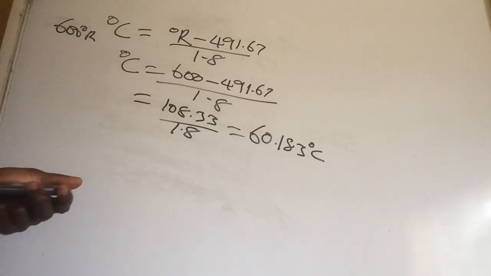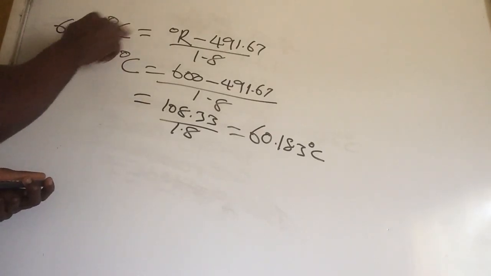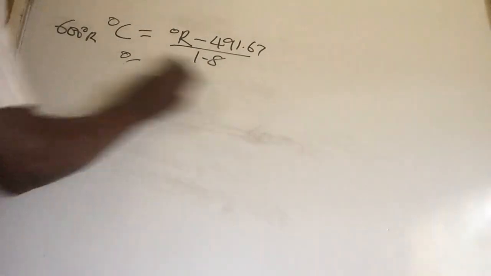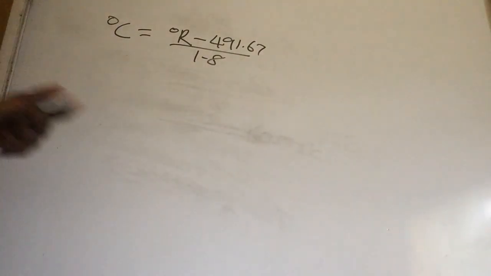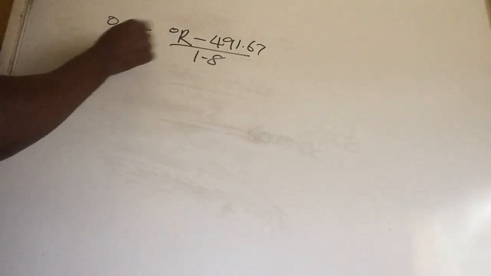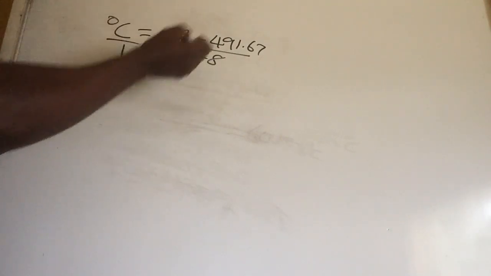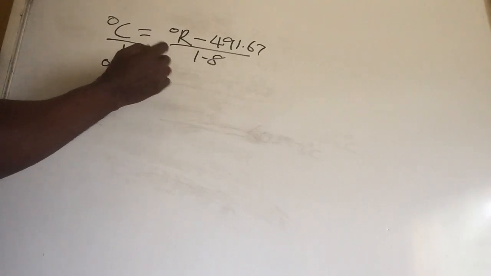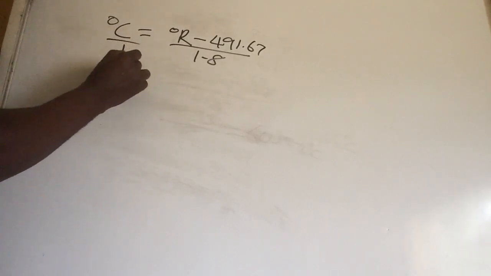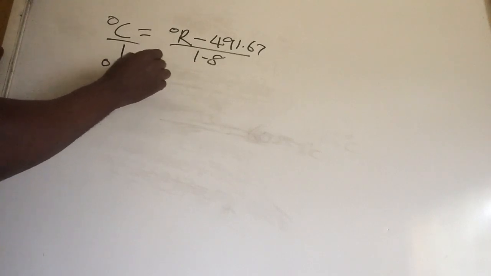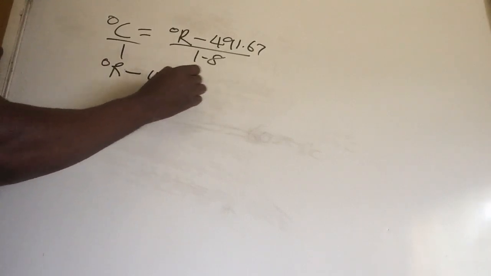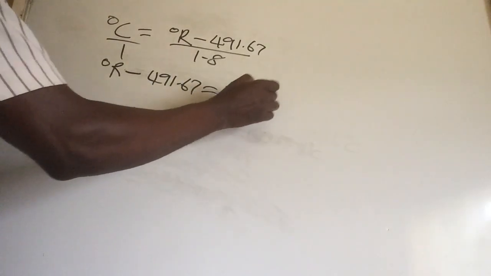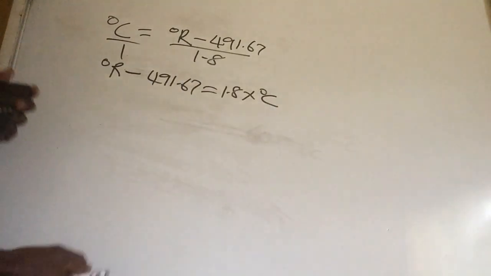Now I'm converting Celsius to Rankine. Let's check it. We make Rankine the subject of the formula first, cross multiply. We have degree Rankine minus 491.67 equals 1.8 times degrees Celsius.